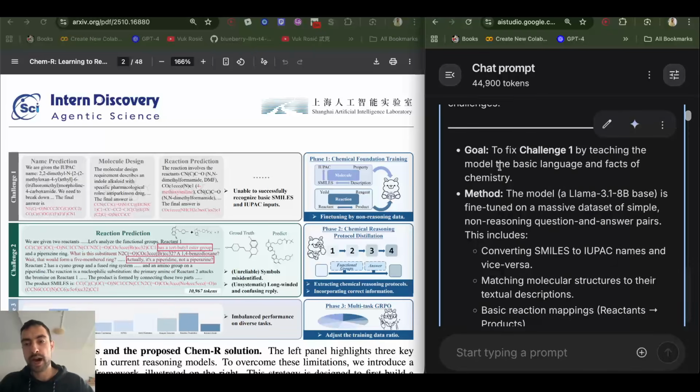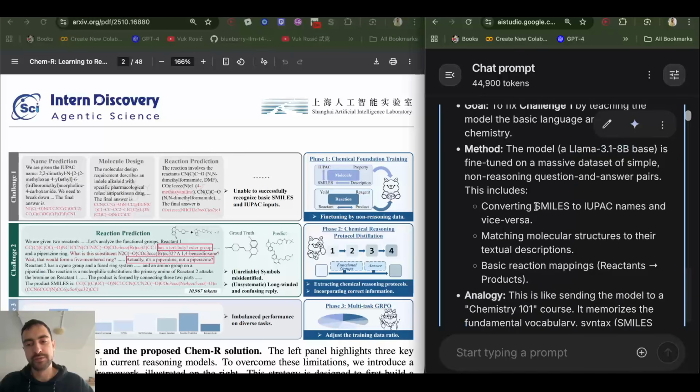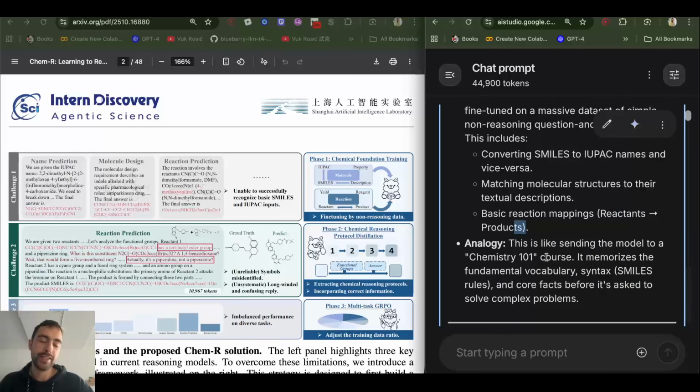The first part is starting from some strong base large language model like Llama 3.1 8B and teaching it a massive amount of general chemistry knowledge, like conversions between different types of notations, equations, matching molecular structures and their textual descriptions, and basic reaction mappings, like what reaction gives what products. So this is the general knowledge in the beginning, and it's a lot about memorizing the fundamentals.